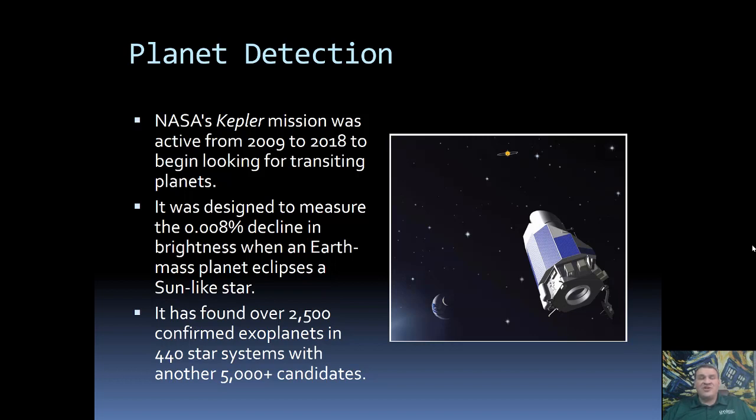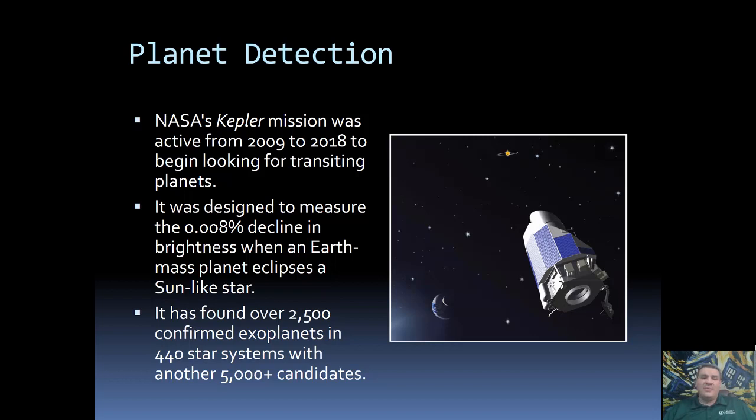In other words, it was actually built to help us find Earth-sized planets in Earth-like orbits. Over its 9-year mission, it found over 2,500 confirmed extrasolar planets in 440 star systems. What we mean by confirmed is other methods have shown that they are actually there. It was an amazing thing.